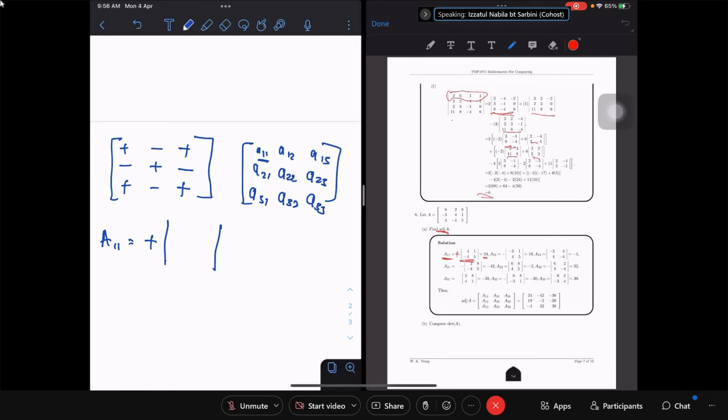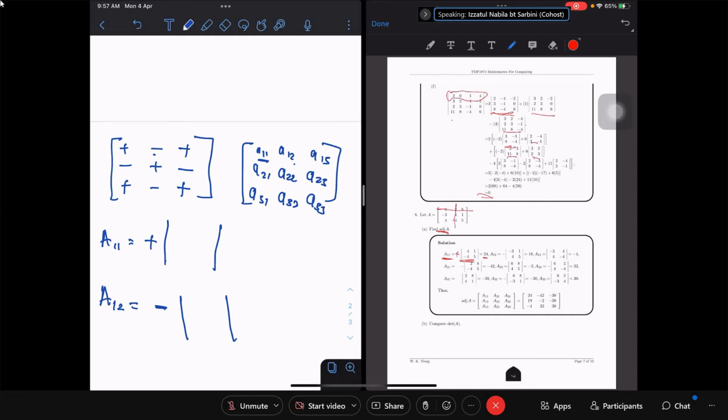Determinant of A11, you cover the first row and the first column just now. So A12 will be negative, right? So it will be negative, and you cover the first row and the second column.